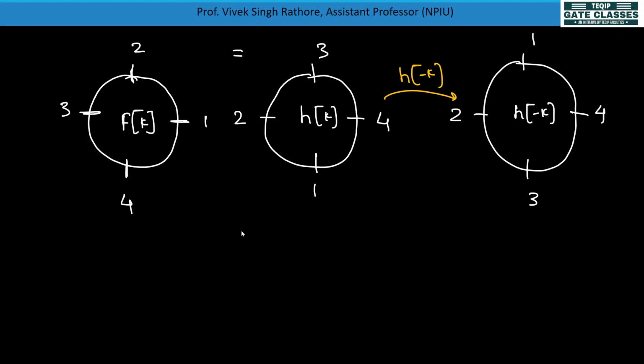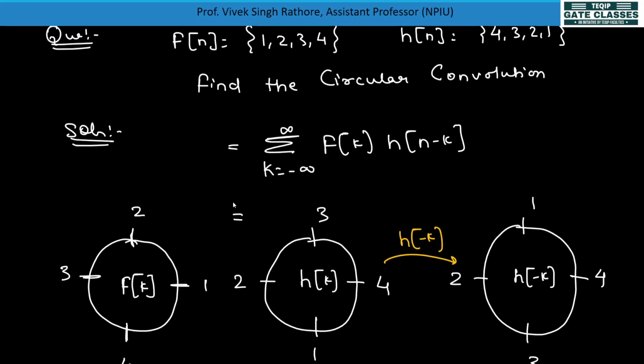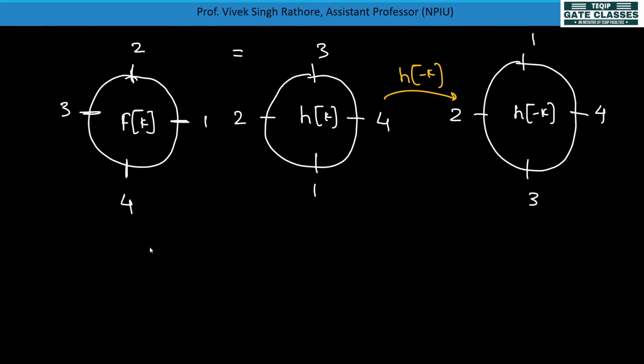This is h of minus k. But do we need h of minus k? Yes sir, we need h of minus k, but we also need the shifting. So first, let's suppose, for y of n, for y of 0 what answer will come.